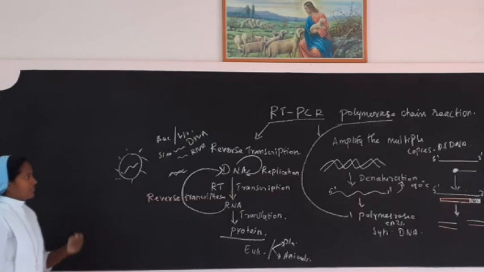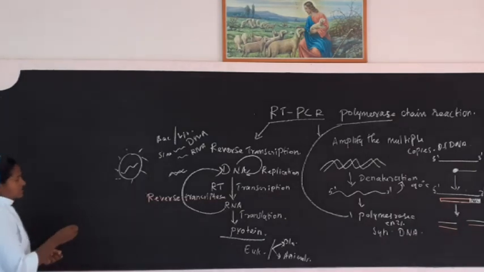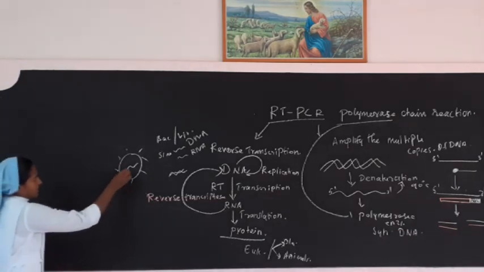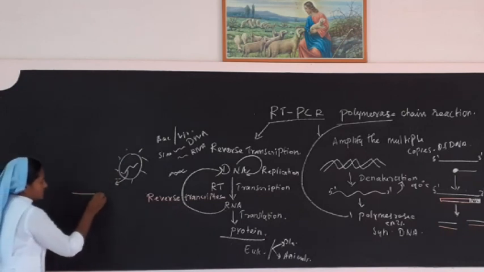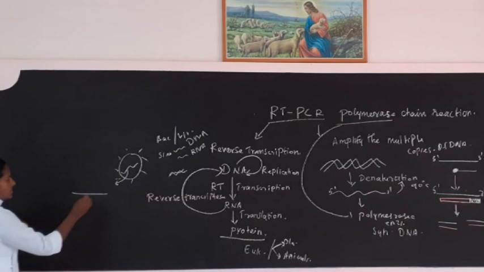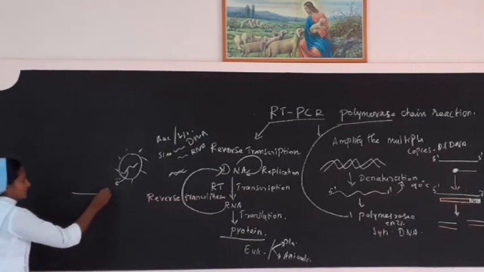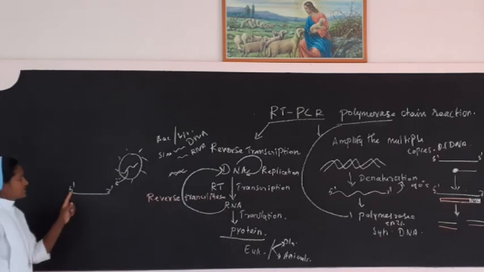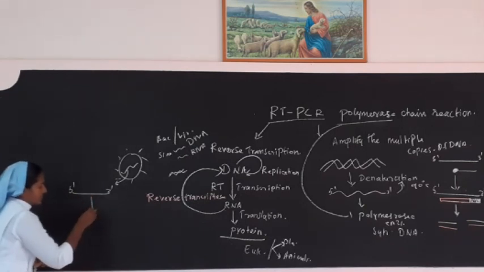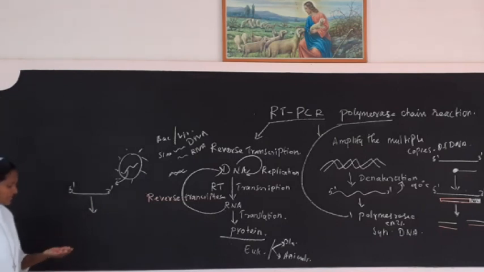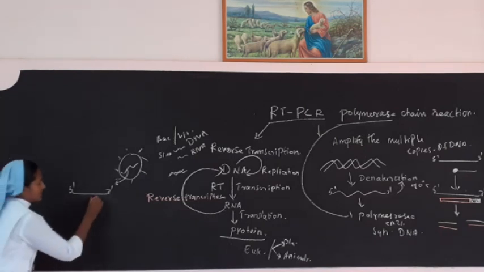So, for example, now we understand the process. The RNA that is taken from the virus has got a single strand, also has got 2 ends, 3' end and 5' end. Now this single strand RNA will convert into DNA. How can it convert?